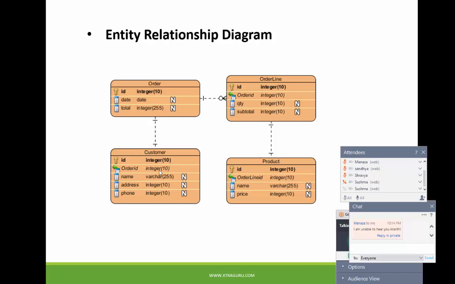A table is nothing but an entity, but you will come to know more details about entity and table very shortly. When I see the ER diagram, only then do I know which entity is related to the other entity. Because we have just four, we can easily identify.